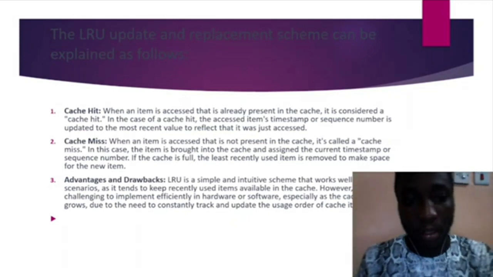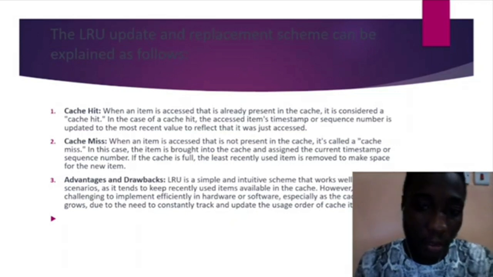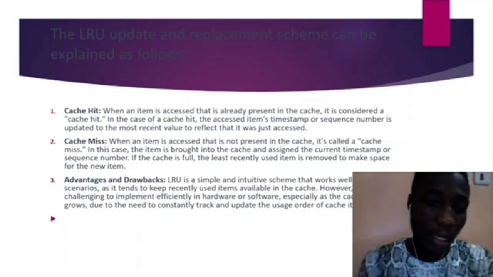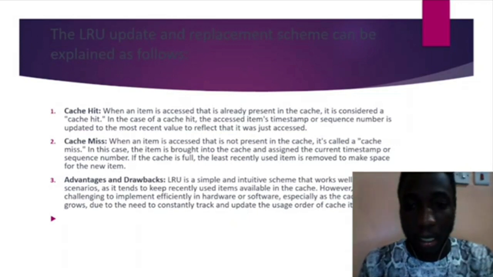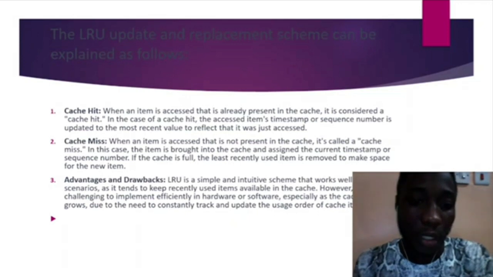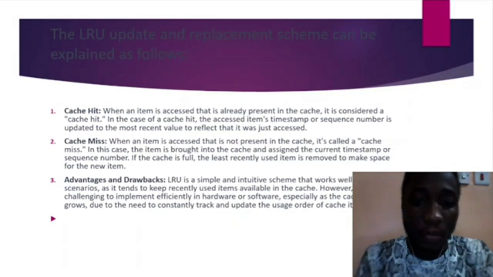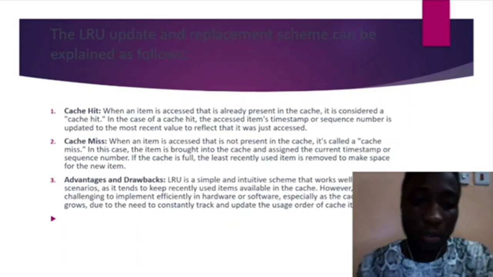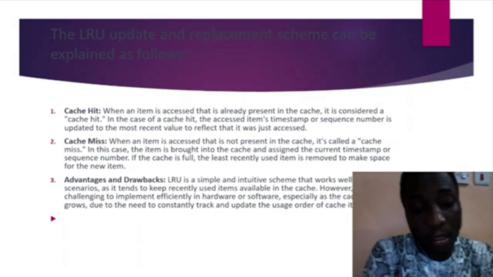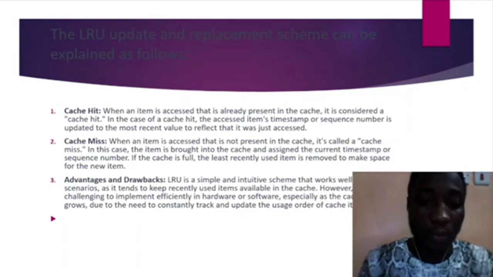So cache miss. When an item is accessed that is not present in the cache, it is called a cache miss. In this case, the item is brought into the cache and assigned a current timestamp or sequence number. If the cache is full, the least recently used item is removed to make space for the new item. And what are some of the advantages and drawbacks of the LRU?